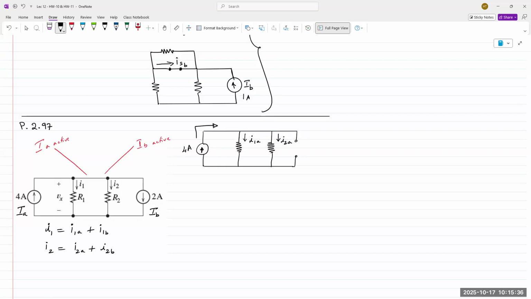So what technique comes to mind? It's a current, and current is being divided into multiple parts. Current division. And so we can apply current division and find these currents in one step.